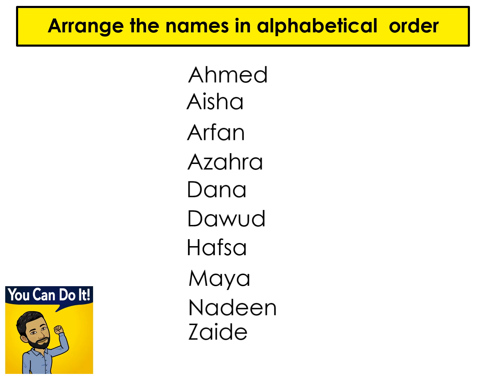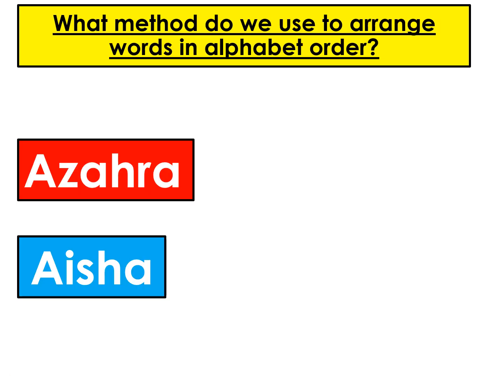So first of all, let's have a look at if your method of ordering these names matched up with my method. So I'm just going to use two names as an example. We've got Azara and we've got Aisha. Now when you were ordering these, they both begin with A, but how did we know which one comes before the other? You can see that both of them start with A, but then we have to go on to the next letter because we can't put any of them in order from that.